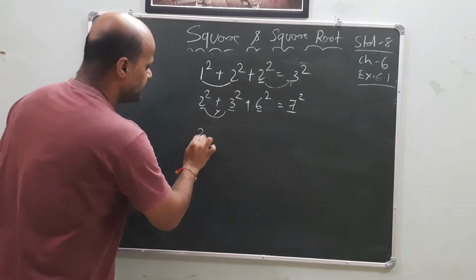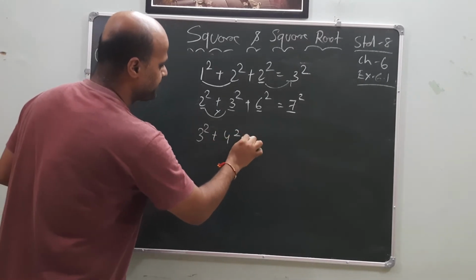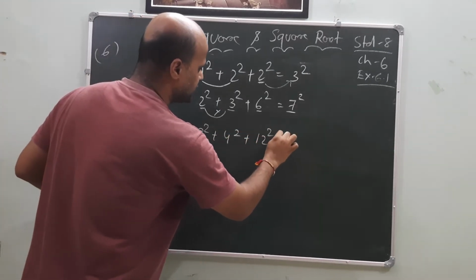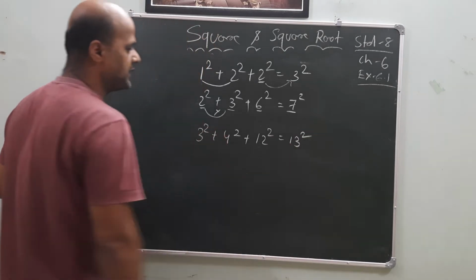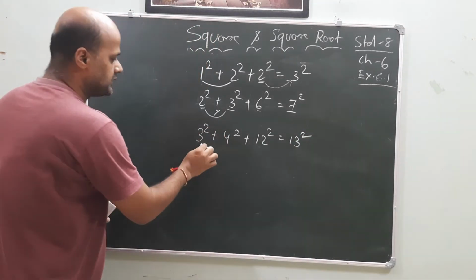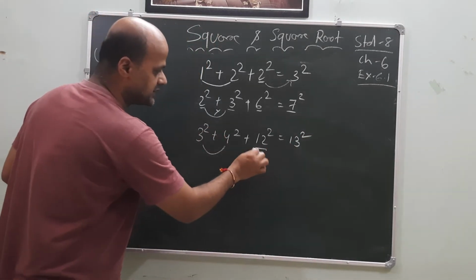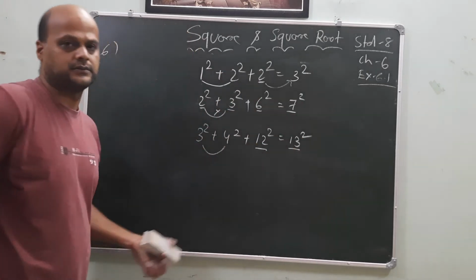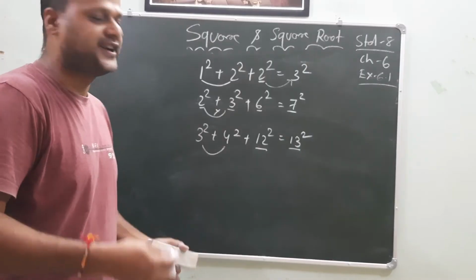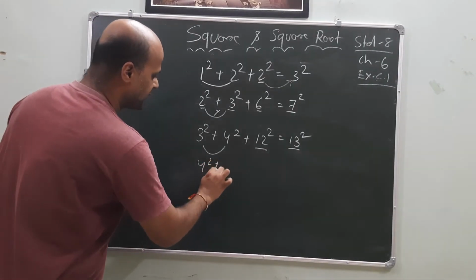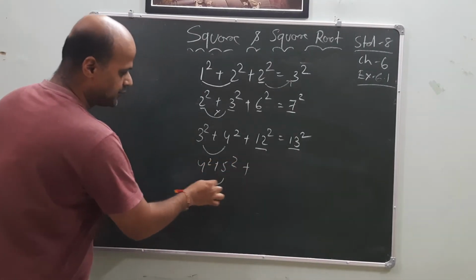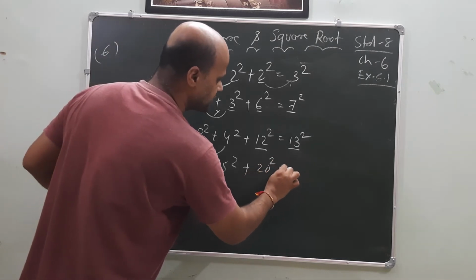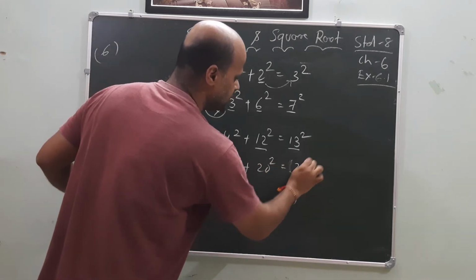Next one is which one? 3 square plus 4 square plus 12 square is equal to 13 square. Yes, the pattern is like that one only. 3 4s are 12. 12 is written here. Successor of 12 is 13. Next one is 4 square plus 5 square plus 4 5s are 20 square is equal to 21 square.